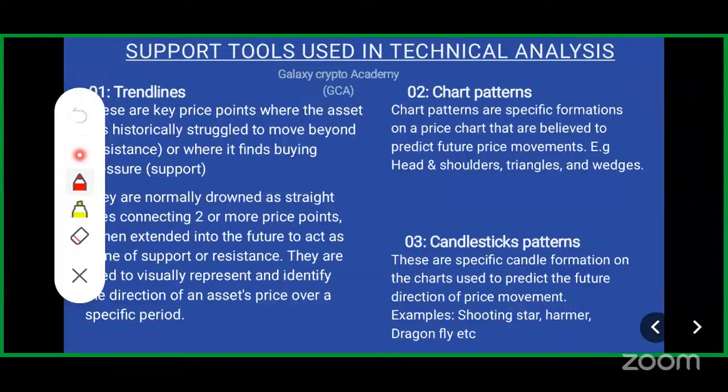I believe you've come across or heard people talking about head and shoulders, the triangle pattern, the rising wedge, the falling wedge, and what we call the butterfly. There are a lot of chart patterns that some schools of traders have actually mastered.